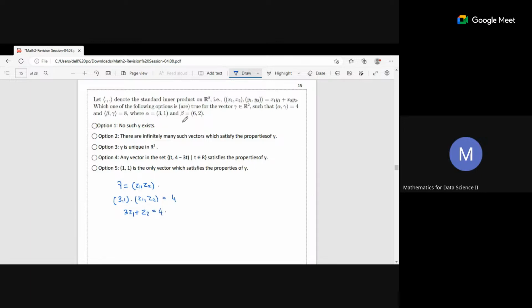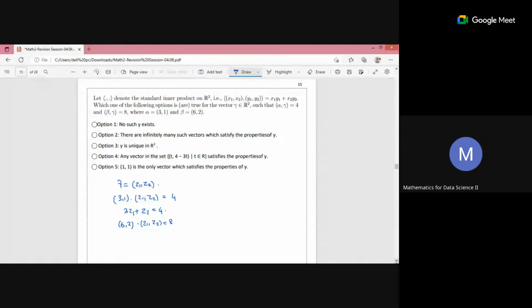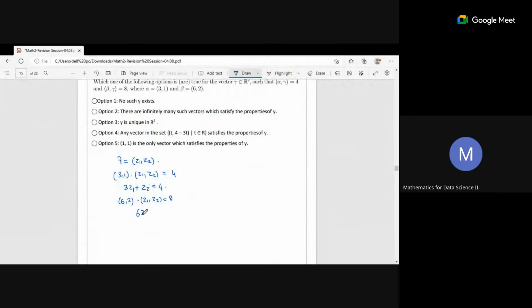Then you have beta is 6 comma 2. So 6 comma 2 dot Z1 comma Z2 is 8. So 6Z1 plus 2Z2 equal to 8. Now this actually reduces to only one single equation because both are multiples of each other, right? If you multiply the first equation by 2, you get the second equation.